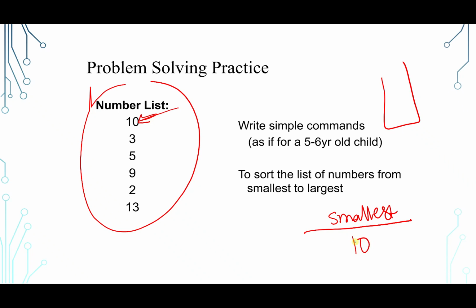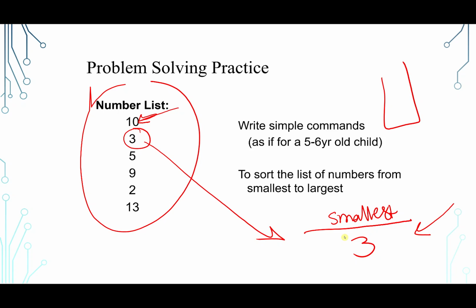Yes, so we put it in the smallest. Then we compare what's in the smallest with the next number in the list. Is 10 smaller than 3? If yes, then keep it. If 10 is not smaller than 3, then put the 3 in the smallest. So that would be 3. Then do exactly that with the rest of the items.